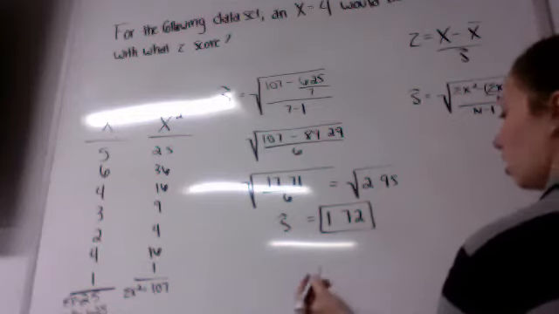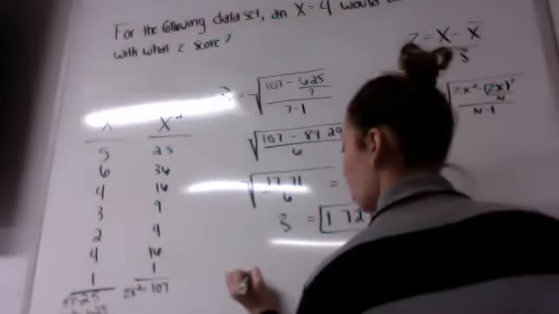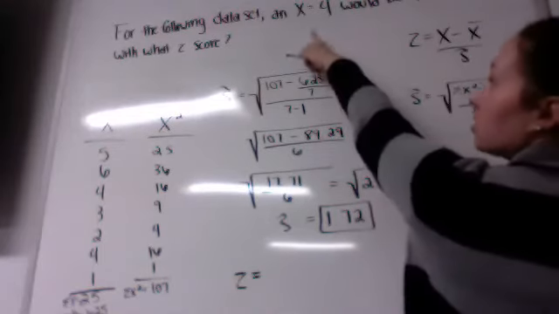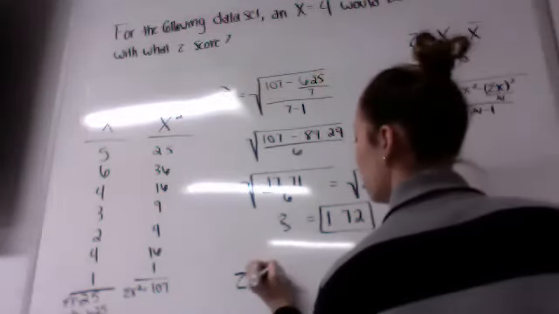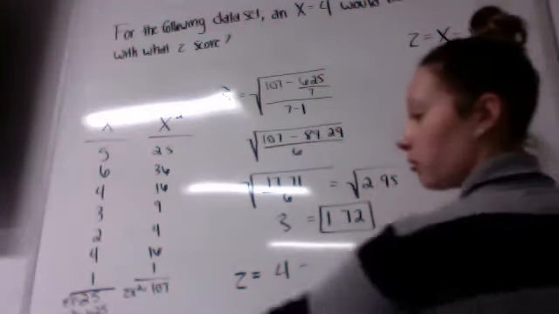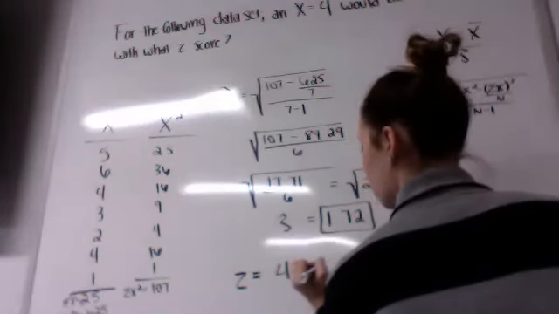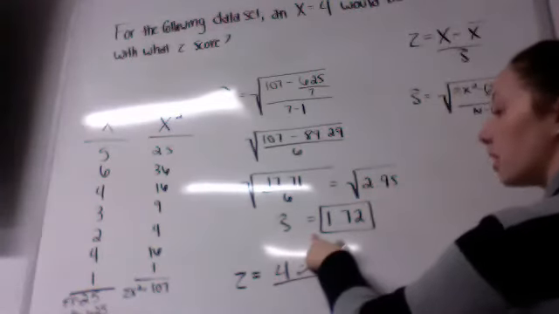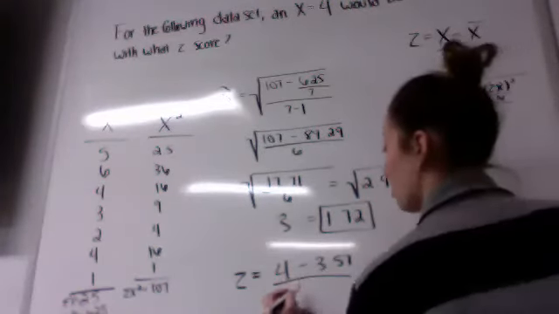So z equals x, which was given to us in the prompt, x of 4. So 4 minus the sample mean, which we found was 3.57, over the sample standard deviation, which we found was 1.72.